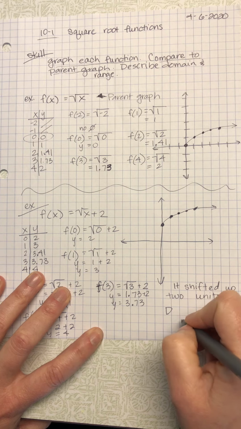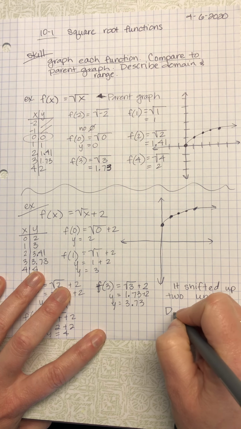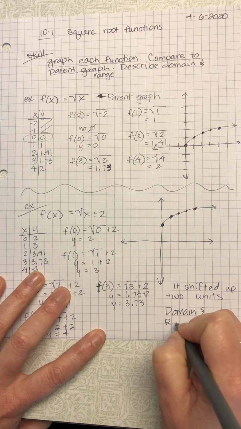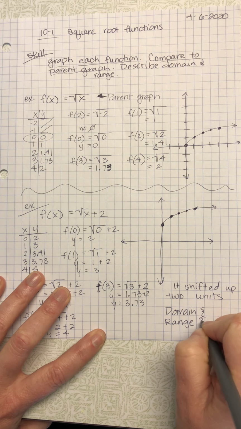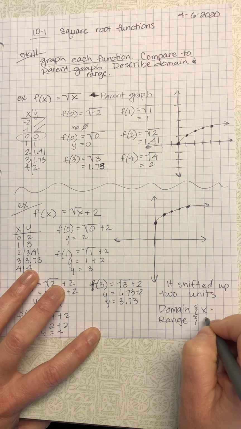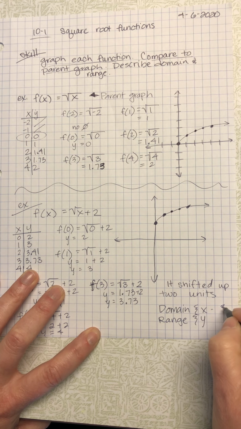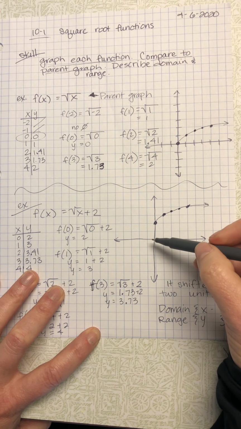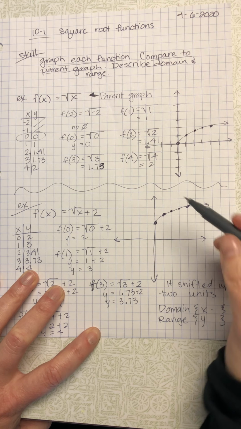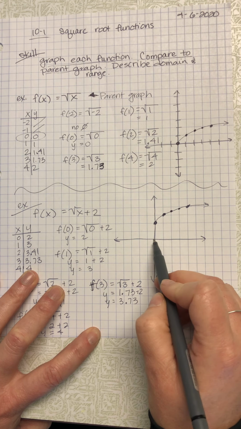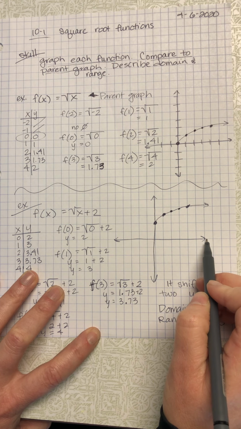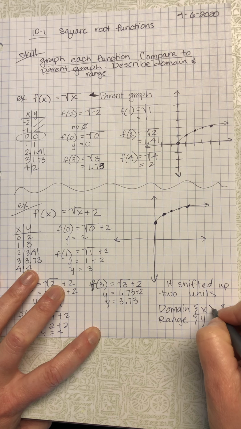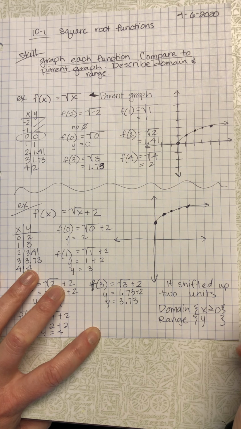And then we need to describe the domain and the range. The domain, remember, is your x, and the range is your y. So the x is 0 and the positive, so it's greater than or equal to 0.